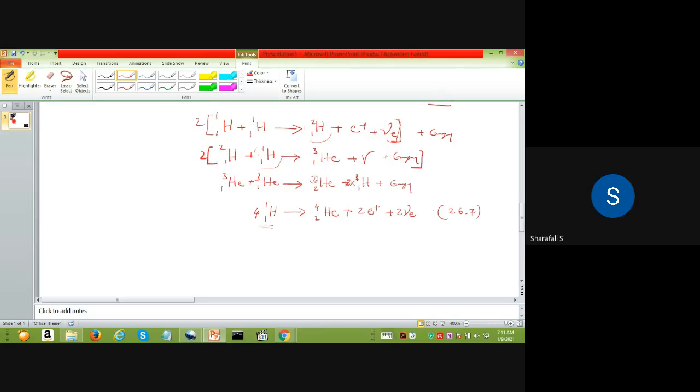And then I am having 2 protons here that are balanced with these 2 protons. And then energy, and what is remaining, that energy I have written here. And the remaining are this positron and this electron neutrino that I have written.